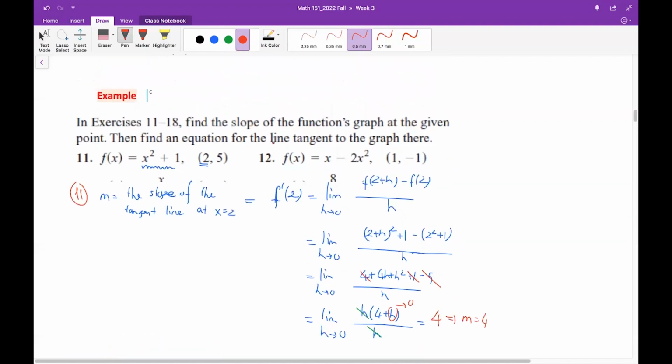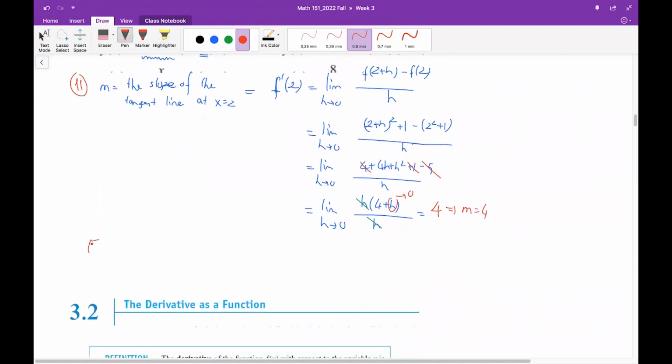We also want to write the equation of the tangent line. So let's write that. Equation of the tangent line to our curve f of x at x equals 2. How do we write it? You know, y minus y0 equals m times x minus x0.